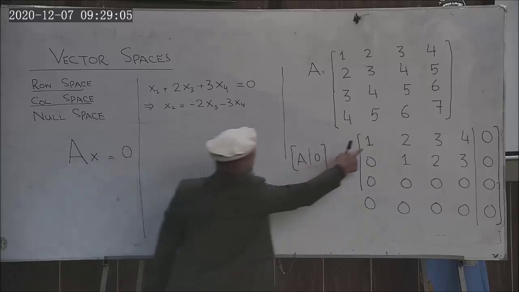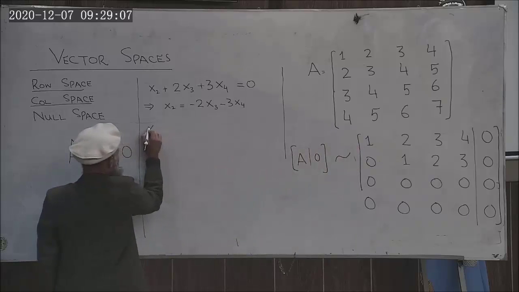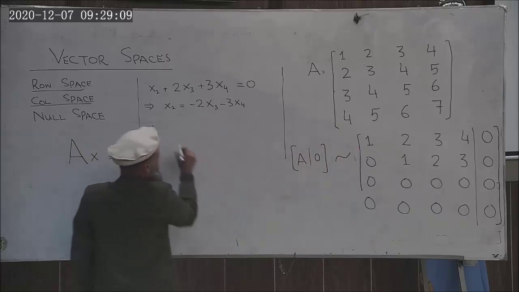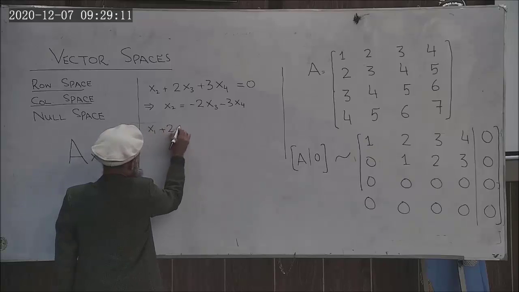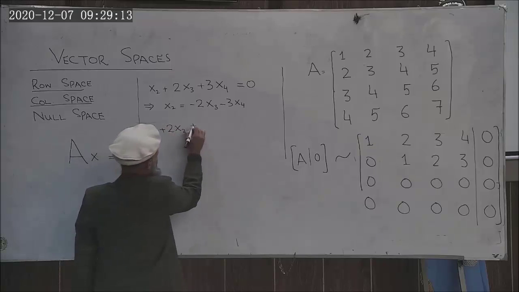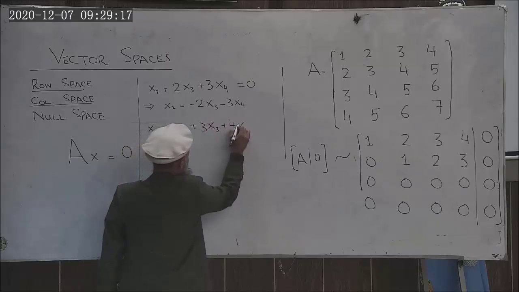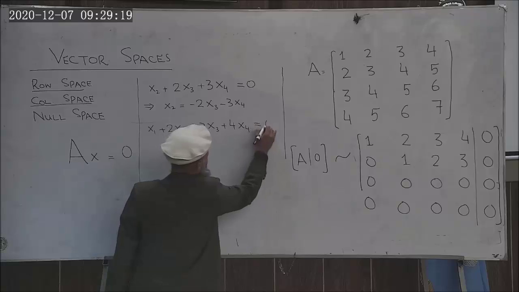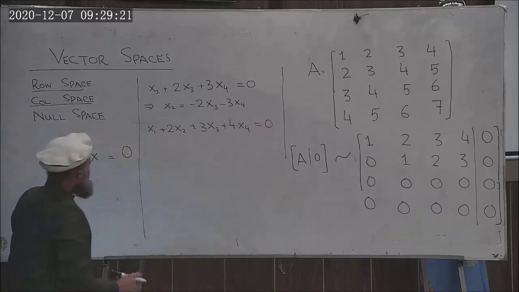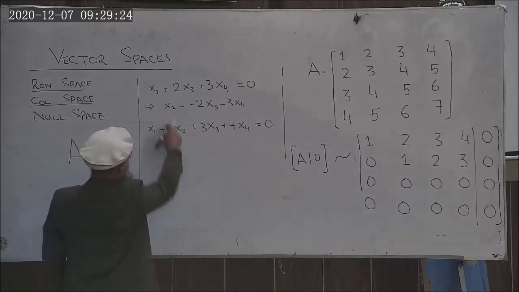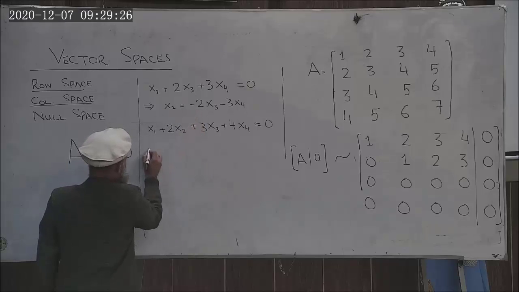And from the first row we have x1 plus 2x2 plus 3x3 plus 4x4, that is equal to 0, and x2 is given by this expression.